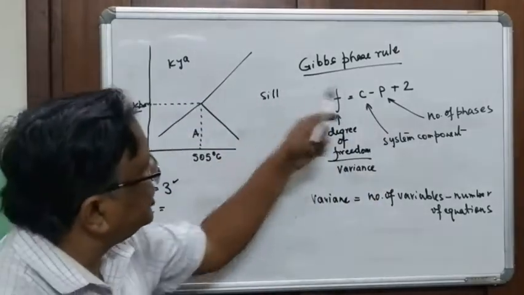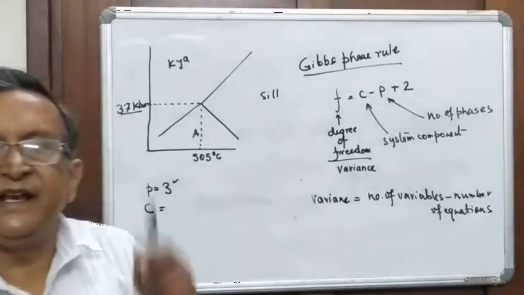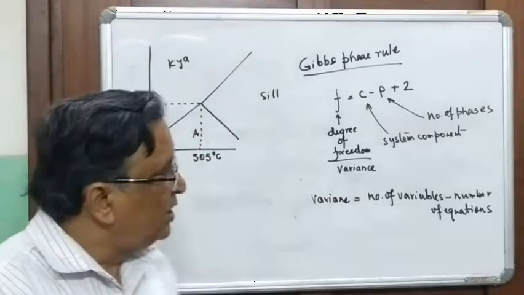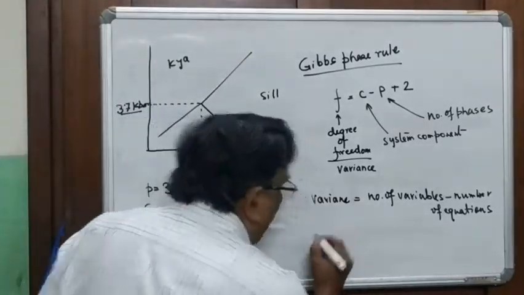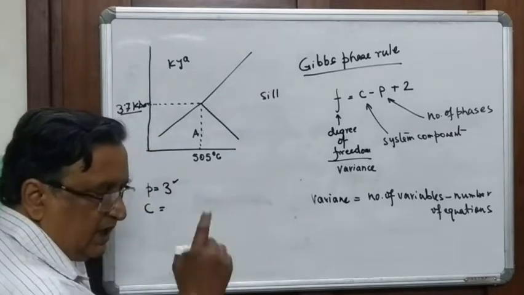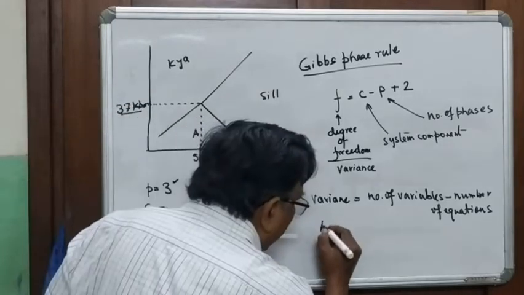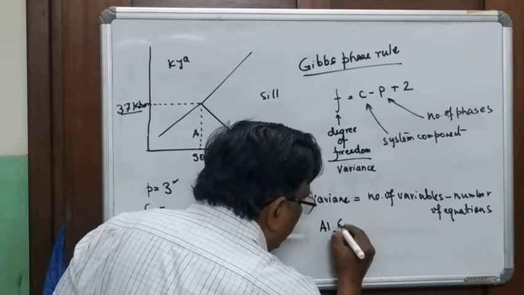What is the composition of sillimanite, kyanite and andalusite? Let's say all the minerals, sillimanite, kyanite and andalusite, have the formula Al2SiO5.